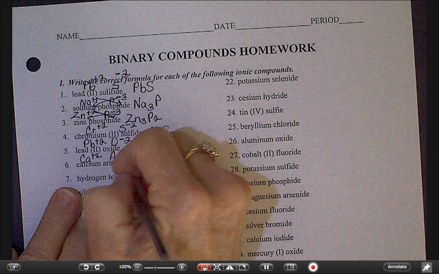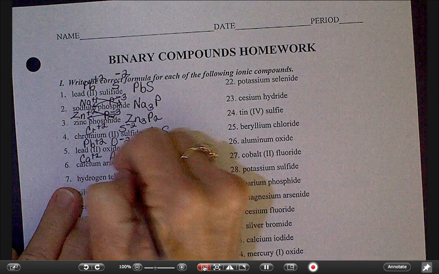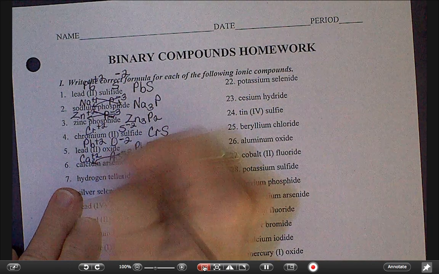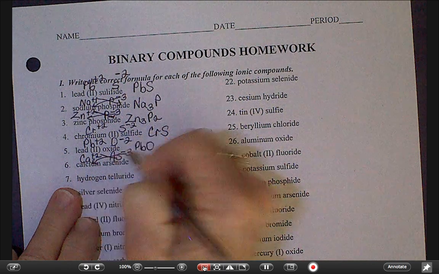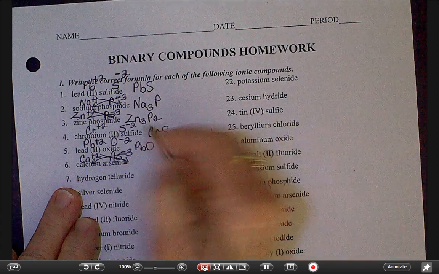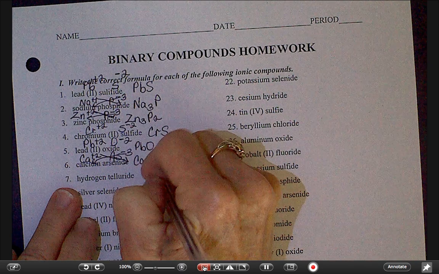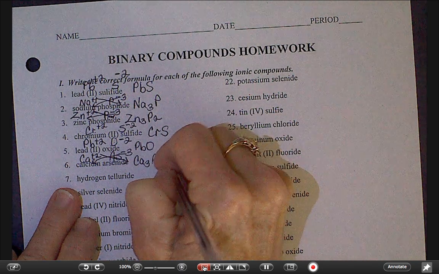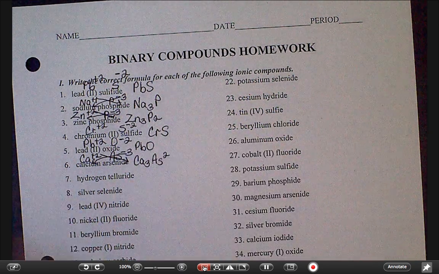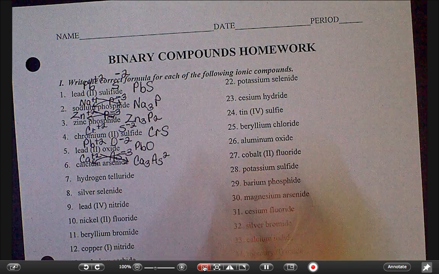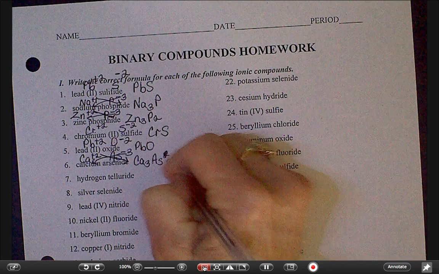It's arsenic, As minus 3. Crisscross, Ca gets the 3, As gets the what? 2. Okay, so Ca3, As2. Wait, shouldn't it be a subscript? Oh yeah, my bad. Thank you.